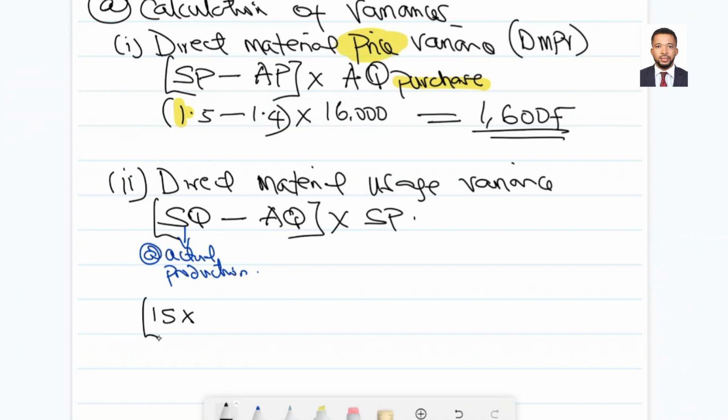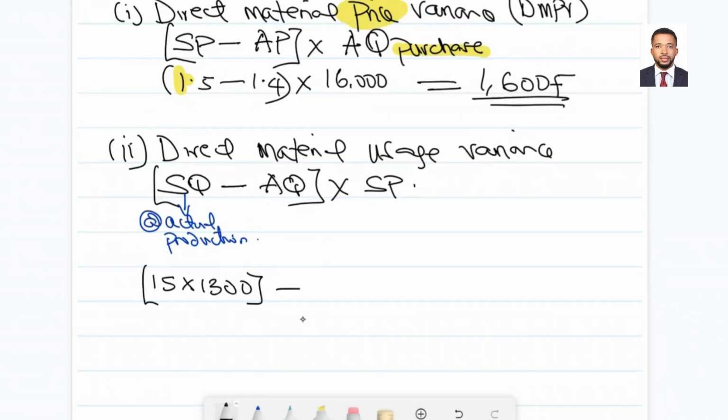Yes, it's 1,300. You're ready for the exam. Minus actual quantity, because this is usage variance, it must be actual quantity used. In the question, they told us that purchase and use are the same. So that means this is 16,000. And then I multiply this by my standard price, 1.5.